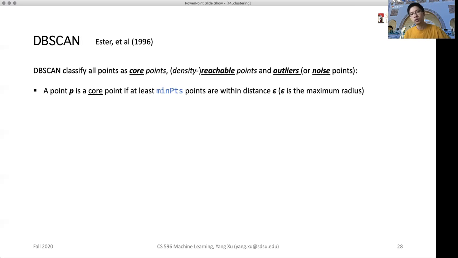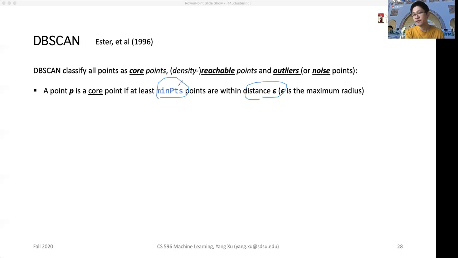Okay, so a core point is defined if there are at least minimal points, that many points, within a distance epsilon of that data point p. These minimal points can be integer numbers like 5, 6.